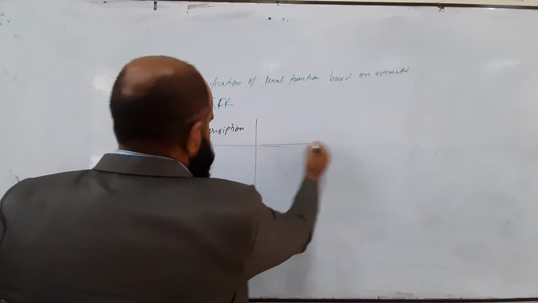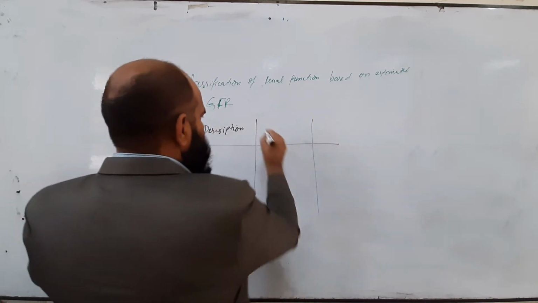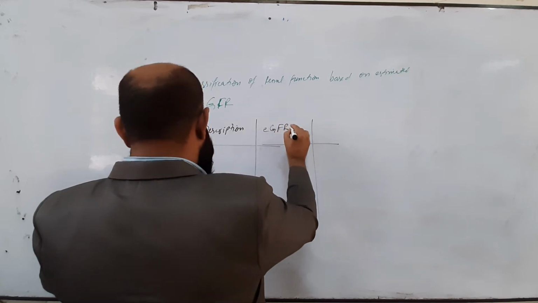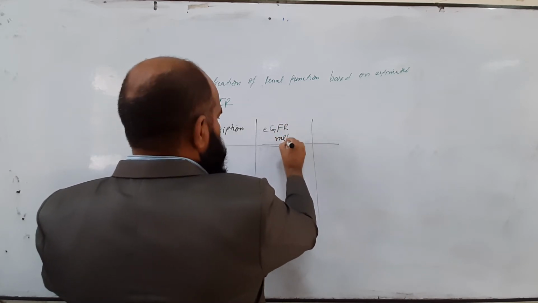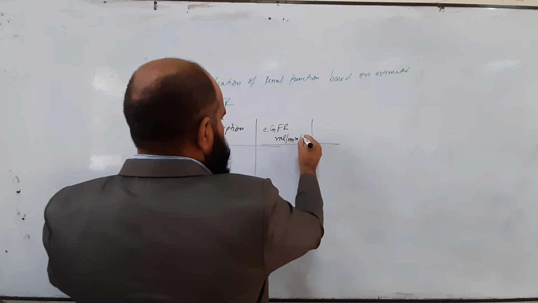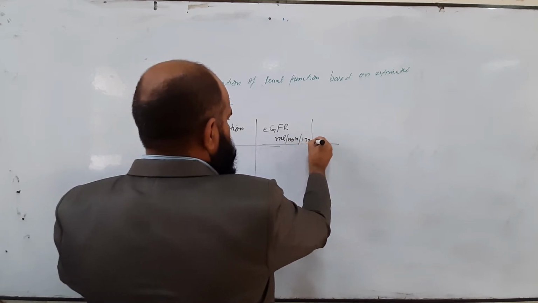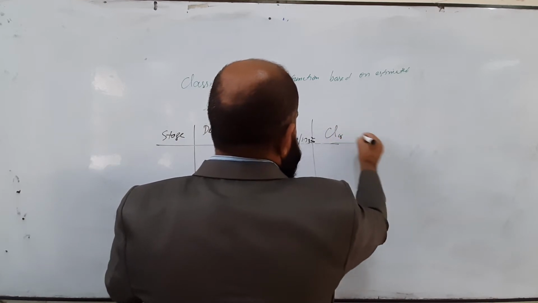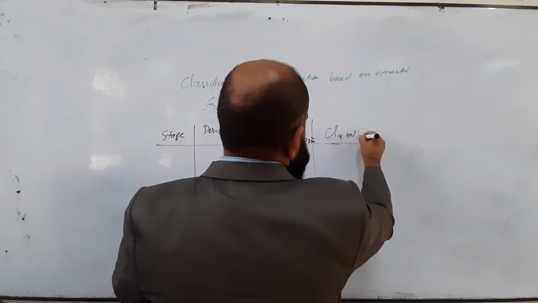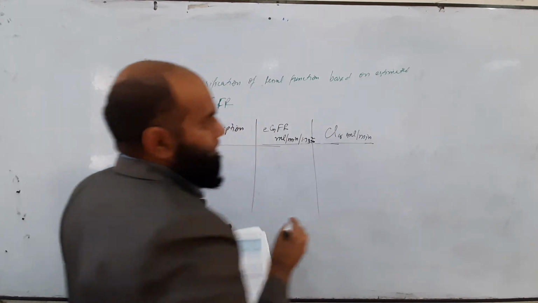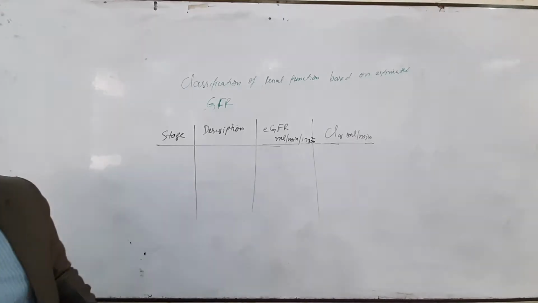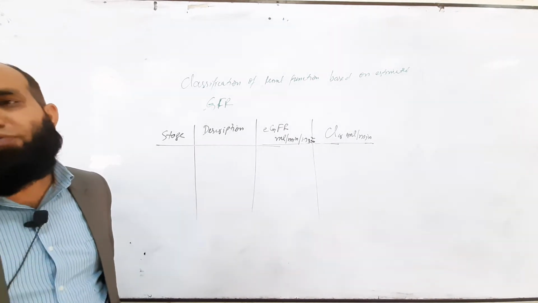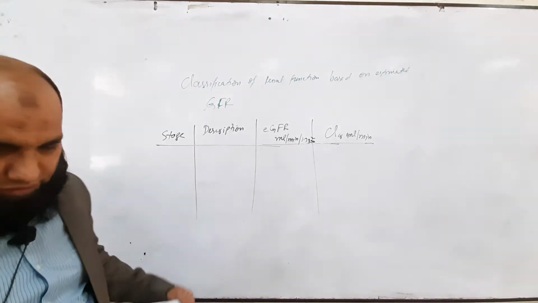The description, estimated glomerular filtration rate in ml per minute per 1.73 meter squared body surface area, and creatinine clearance in ml per minute. What we are studying, we are just getting the concept. Glomerular filtration rate directly gives us the information of creatinine clearance.